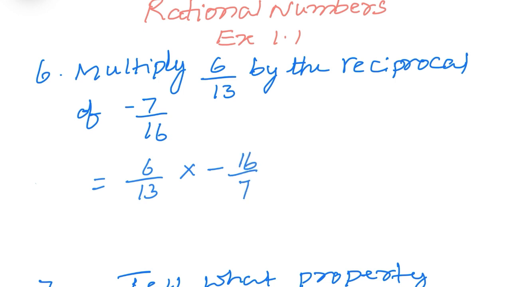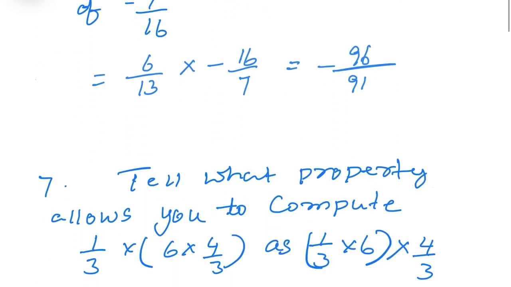That's all. So, with the reciprocal of this one, we have to multiply. Minus remains as minus in the product. 6 16s 96 by 13 sevens 91. Simple. Likewise you can do.